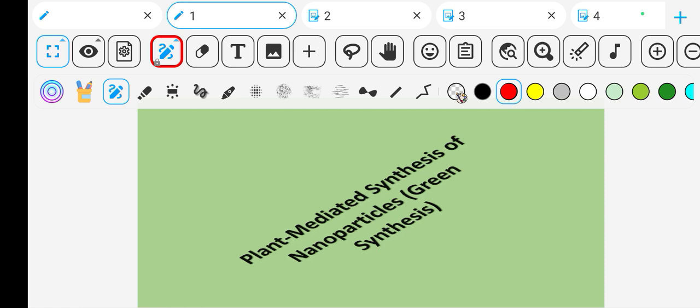Basically, research on the synthesis of nanoparticles using plant extract has been rather comprehensive in current years due to the availability of raw materials. So, let's begin with this.